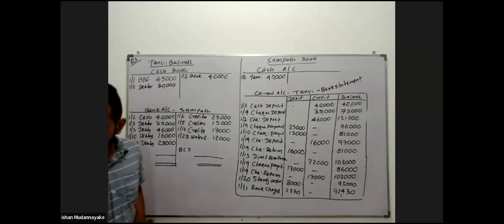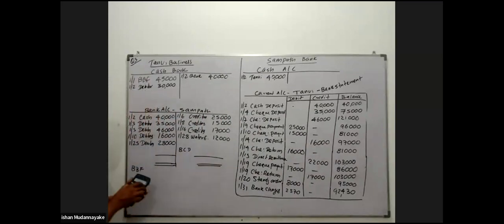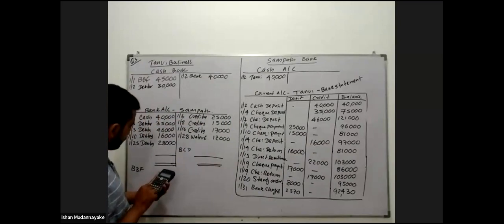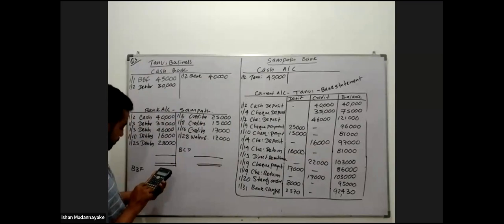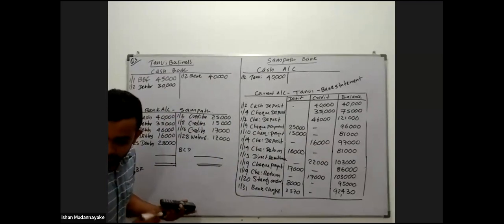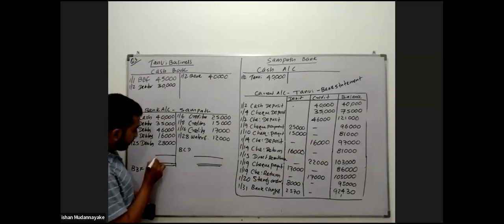What is the debit side total amount? Debit side total amount is 165,000.